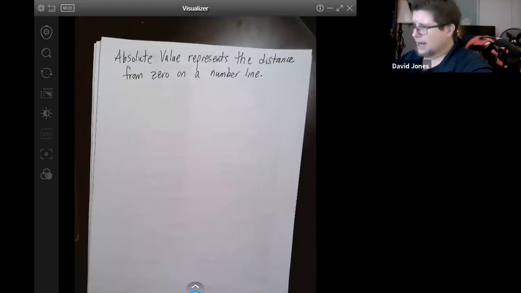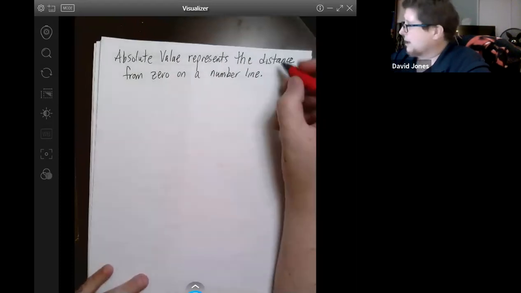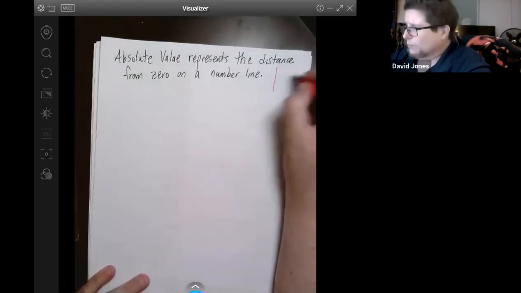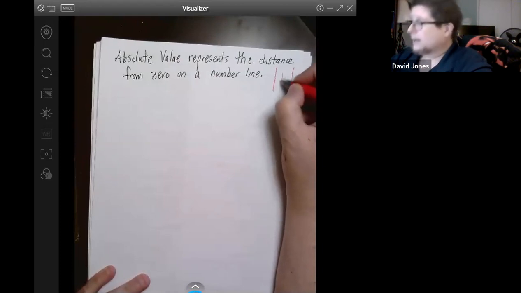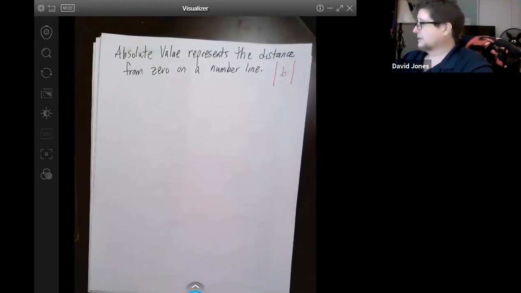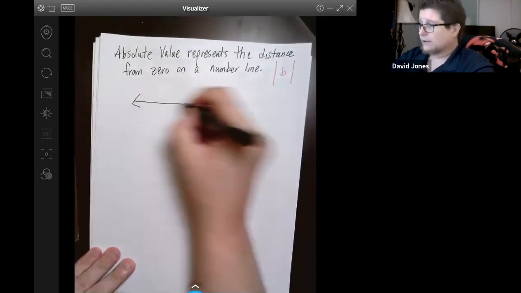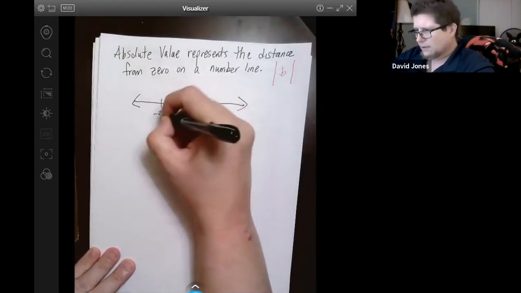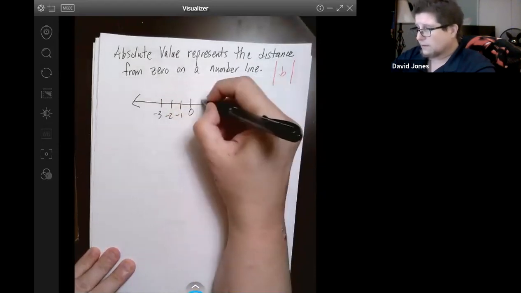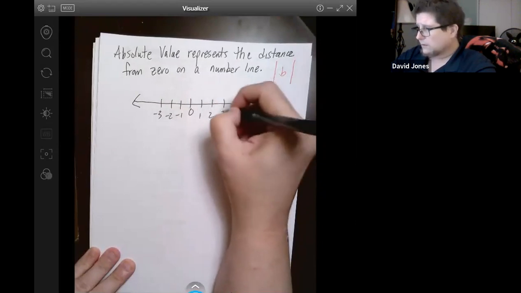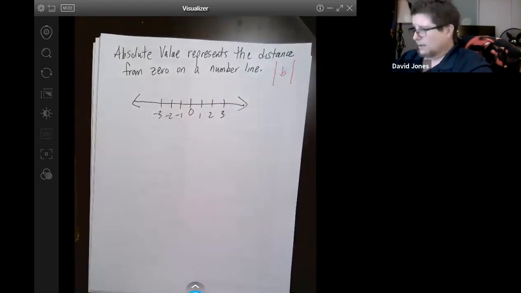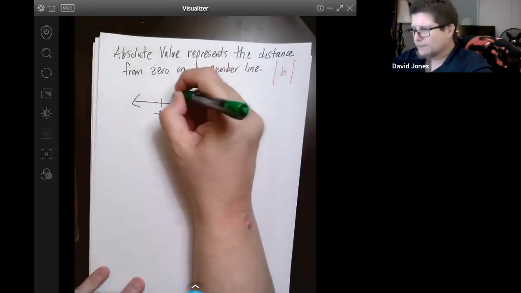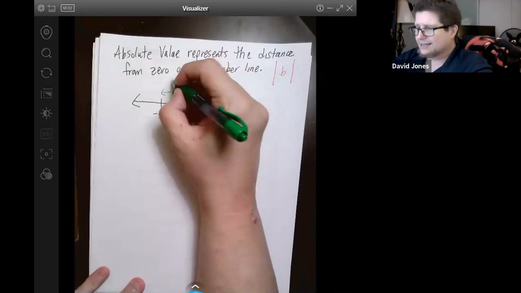And the way we denote it is we put vertical bars around it. And so what do I mean by this, the distance from zero? If I go 3 steps to the left, this is a distance of 3.